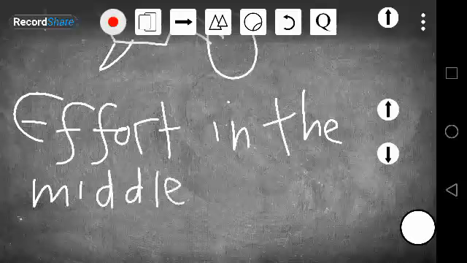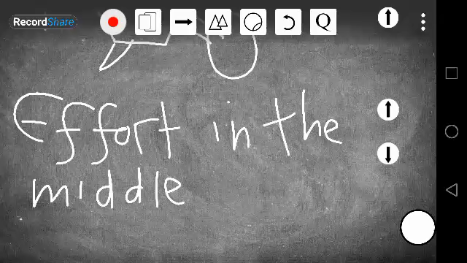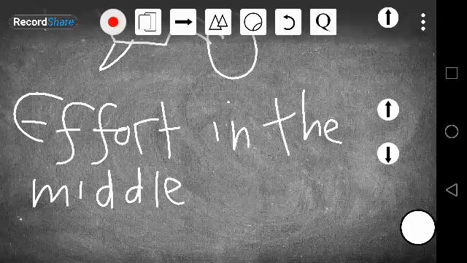Now, the one with effort in the middle is the one where we have effort in the middle. It's just a matter of how it functions, and we can have so many examples.